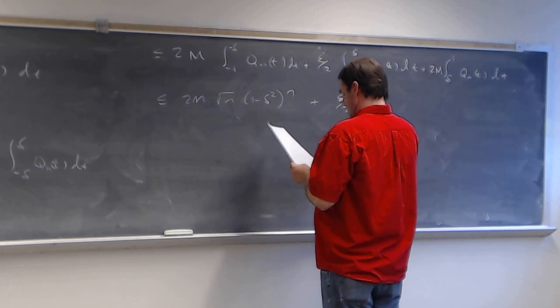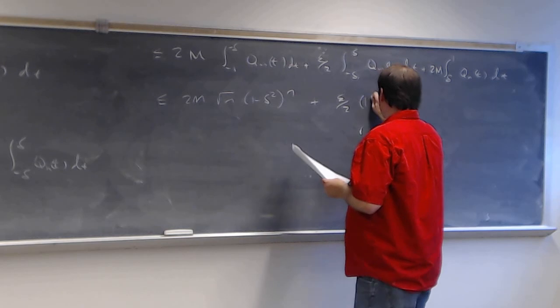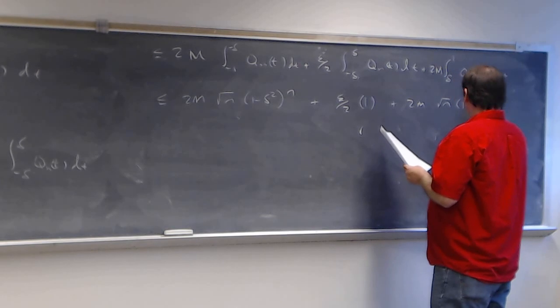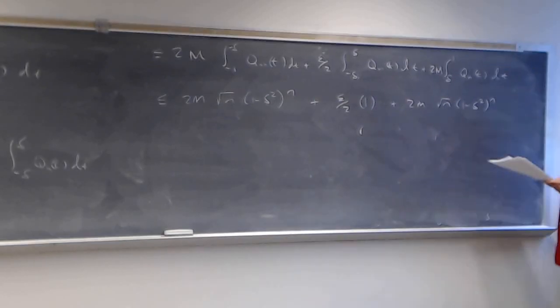Here, this integral is going to be less than 1. Replace it with 1, plus 2m and n times the square root of n times (1 minus delta squared) raised to the n. That's what that is.